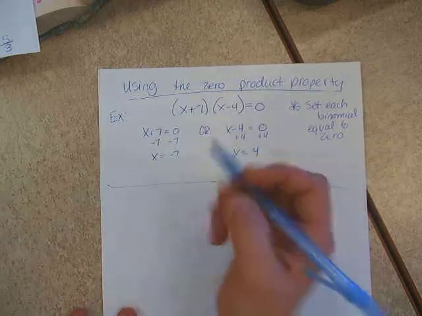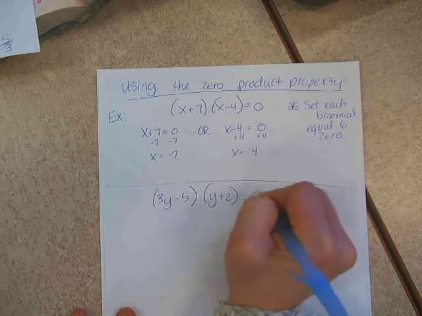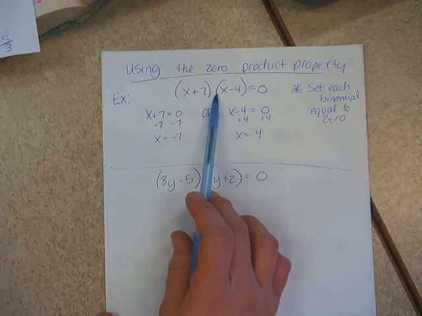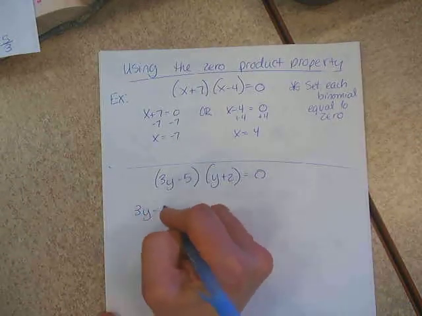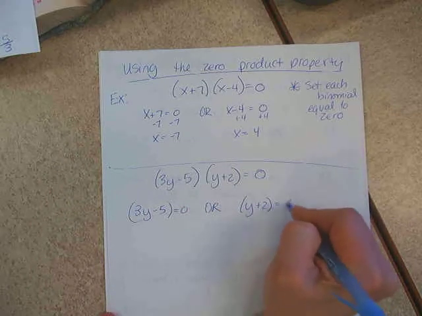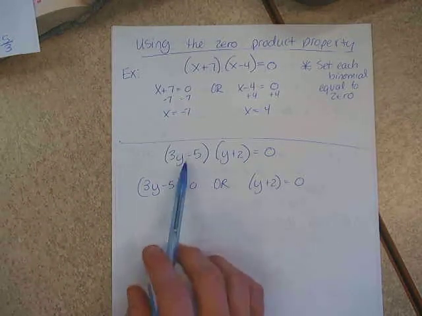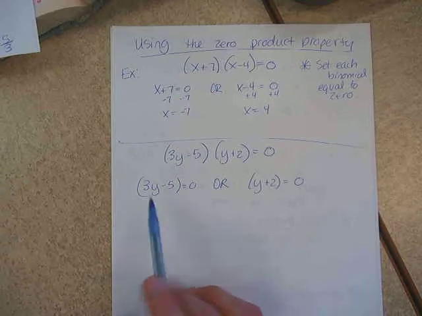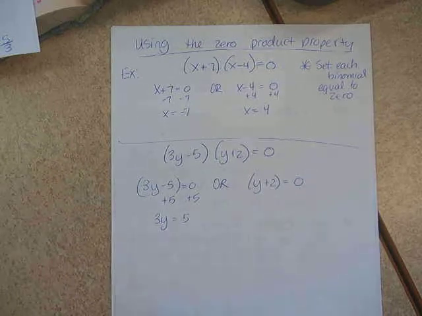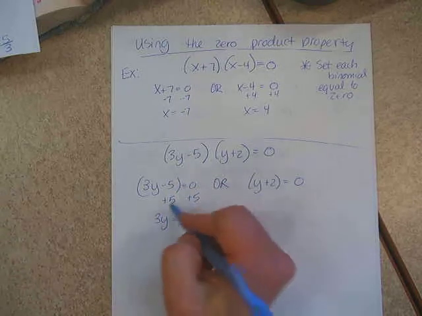Okay? But let's look at another, because some of you I know might be looking at this going, oh, well once I get those factors, my numbers are just the opposites. That's true if there's no coefficient. But if we factor and get something that looks like this, okay, you do have to solve. So starting with this, we would set each binomial equal to 0. And you don't have to put the parentheses in. I probably shouldn't have done that, but to solve for y in this case, I would add 5.